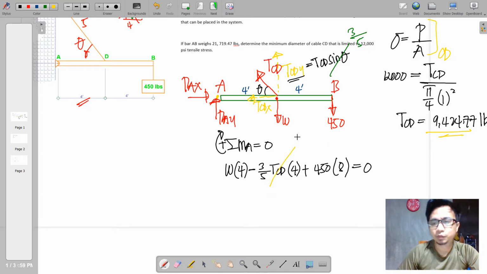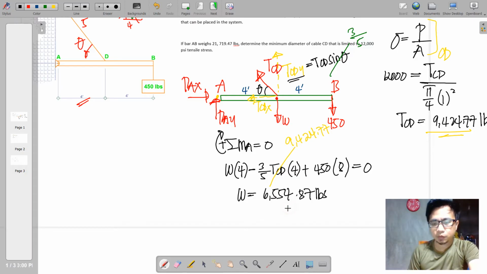So we'll just have to substitute this one directly. 424.77. As we can see, we can compute right away the value of W, which is 6,554.87 pounds. Okay, sorry, perhaps we can correct this.